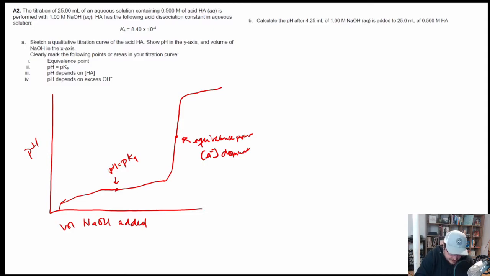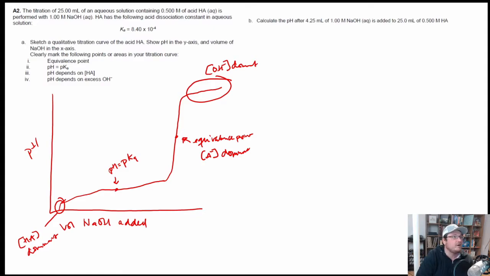Then part 3, pH depends on HA. The pH of the HA only happens right here, so HA is the dominant species right here. There you're going to have to use the weak acid equilibrium approach. And up here, the concentration of OH minus is dominant.